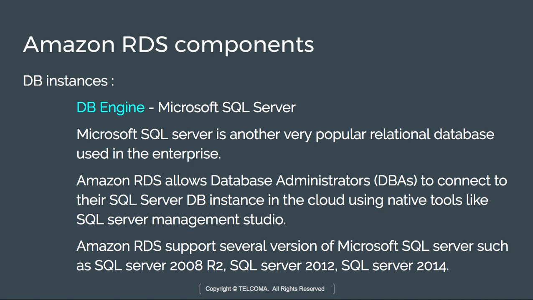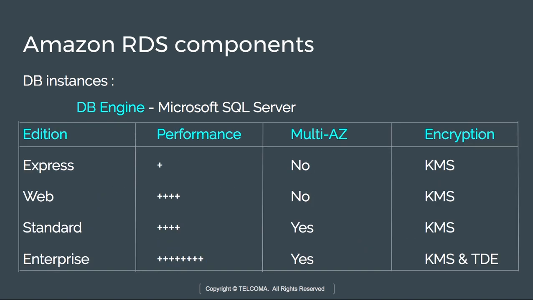It allows database administrators to connect to their SQL Server in the cloud using tools like SQL Server Management Studio. It supports several versions. If we have a comparison of these, we have Express, Web, Standard and Enterprise. We can see the performance, multi-site deployment and encryption of these.